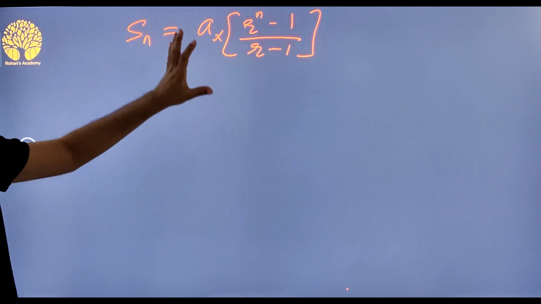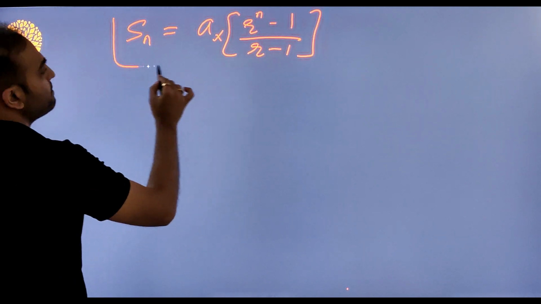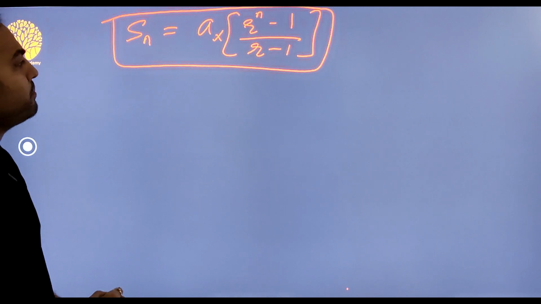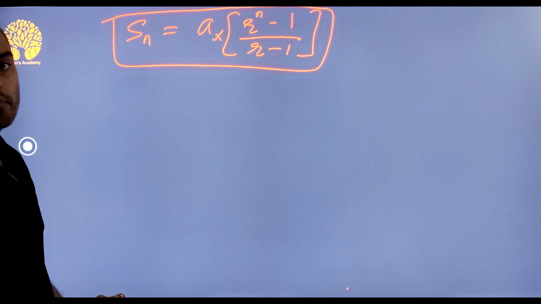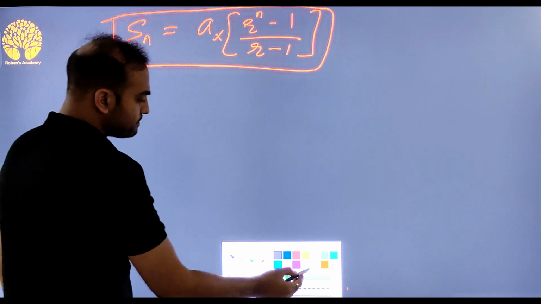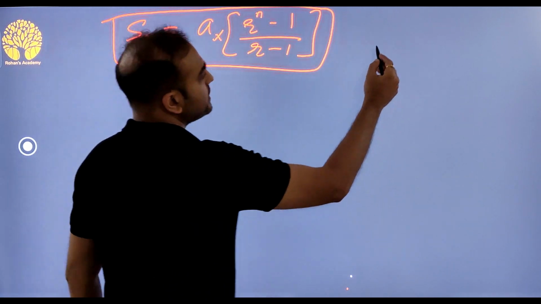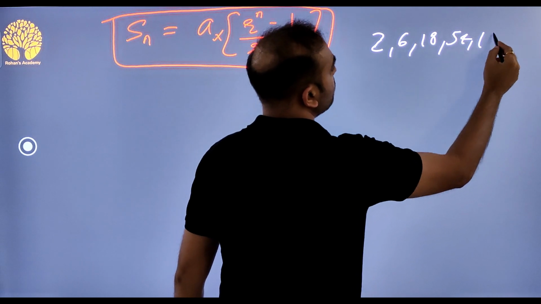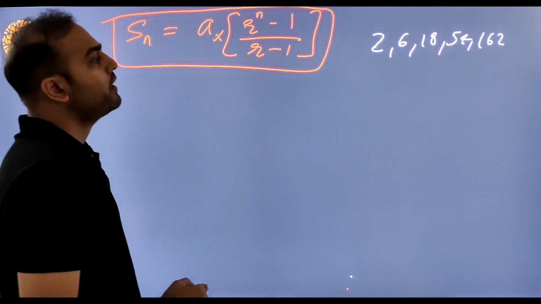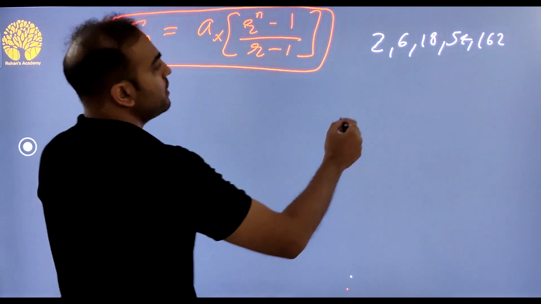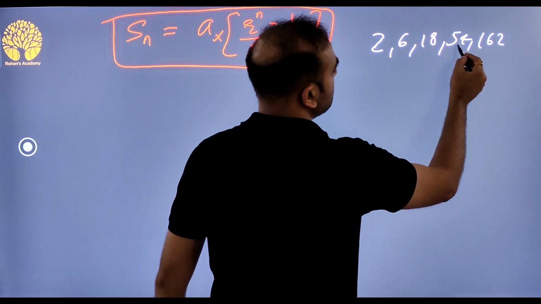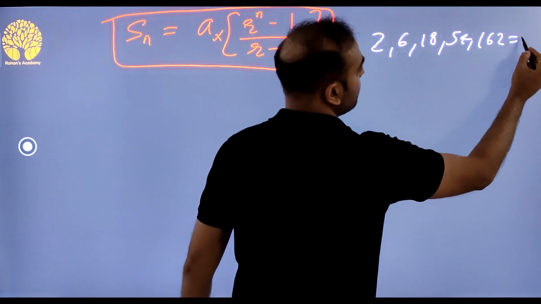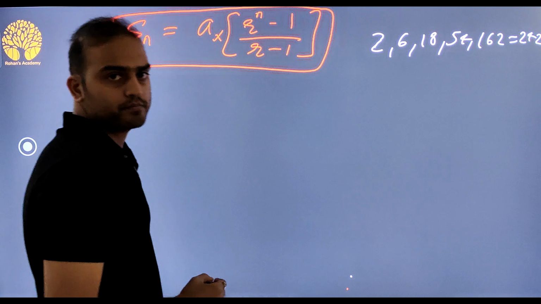If you look at the same series, 2, 6, 18, 54, 162, and add all the terms, it's 2, 8, 26, 80, 242. If I add all of it, I get 242.